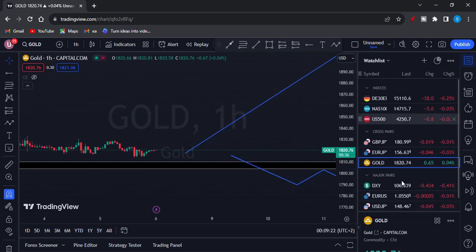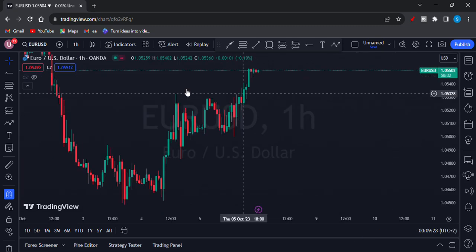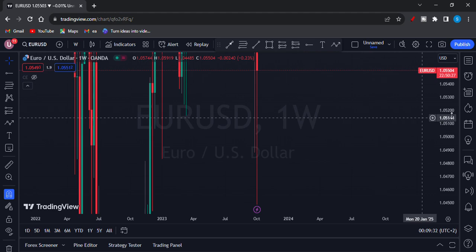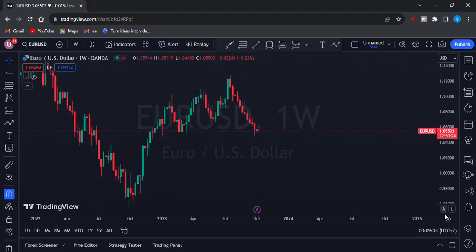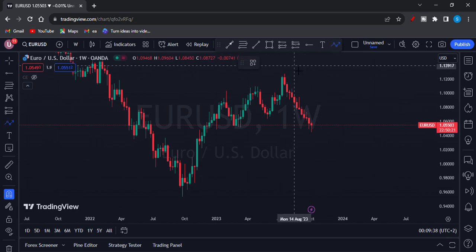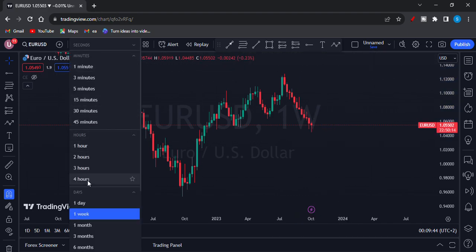So let's go to EURUSD. So let's go to weekly. So on a weekly right here, we are on a downtrend. And then let's go to our 4 hour.